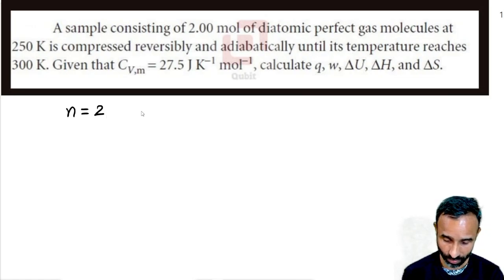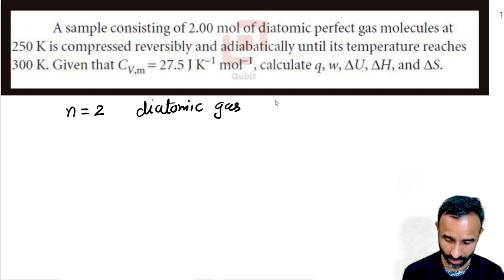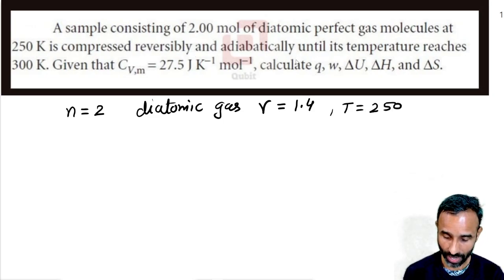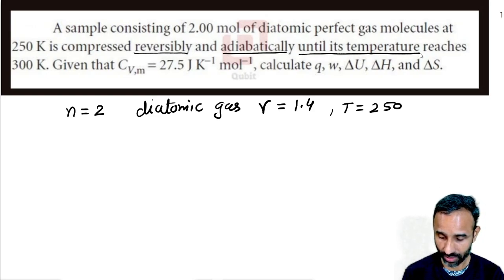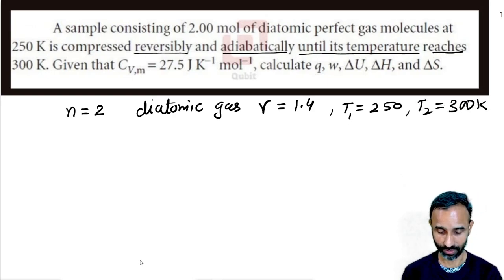Okay, a sample consisting of 2 mole, means n is 2, and a diatomic gas. If it is diatomic, then what is gamma? Yes, 1.4, and at 250 Kelvin it is compressed reversibly and adiabatically until its temperature reaches 300 Kelvin.